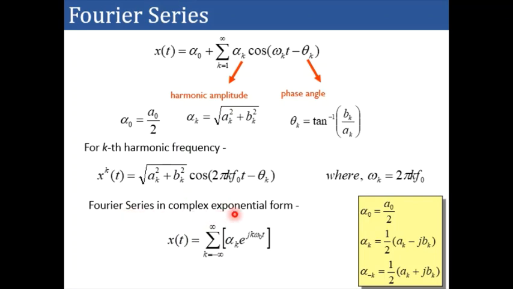The complex form of this expression can be written as x(t) = summation of k from minus infinity to infinity alpha_k e^(minus j k omega0 t), where alpha0 is a0/2, alpha_k can be written as 1/2 (a_k minus j b_k), and alpha_minus_k is the complex conjugate of alpha_k, so we can write 1/2 (a_k plus j b_k).